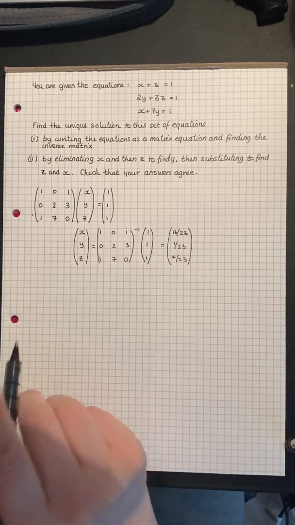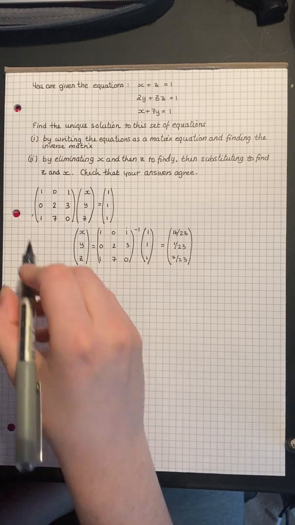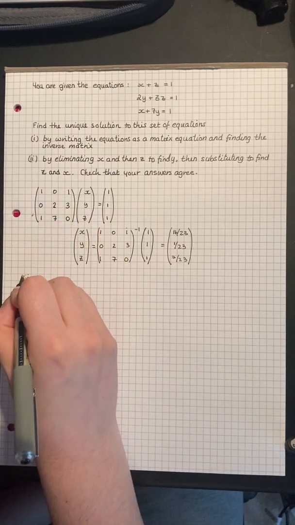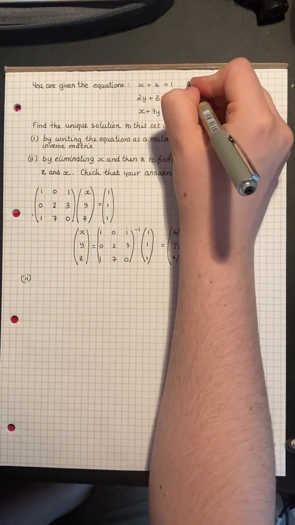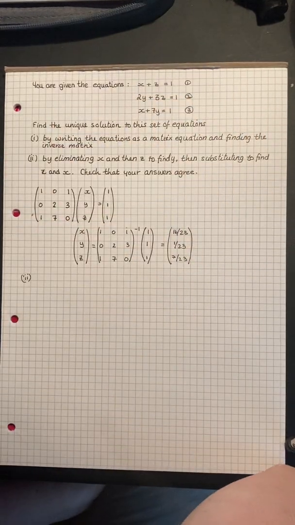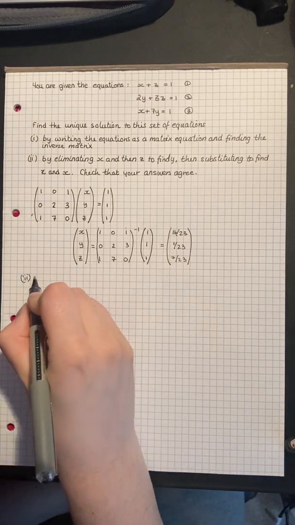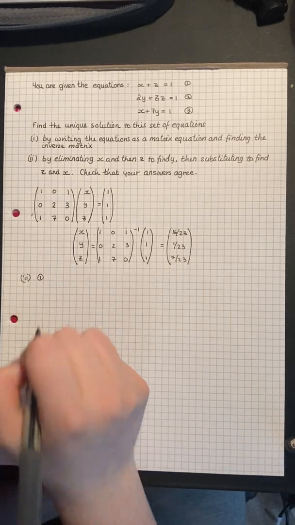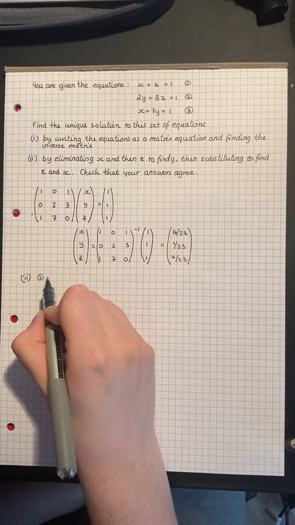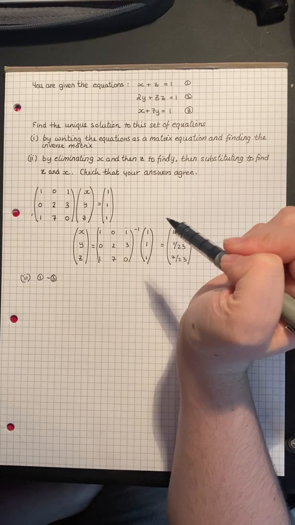Second method, yes, we know what we're doing. Okay, so let's label these equations 1, 2, and 3. And so we have to eliminate x first. So let's do that by subtracting equation number 3 from equation number 1, so number 1 minus number 3.